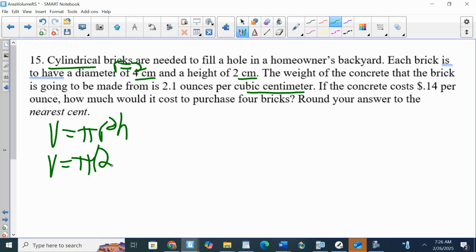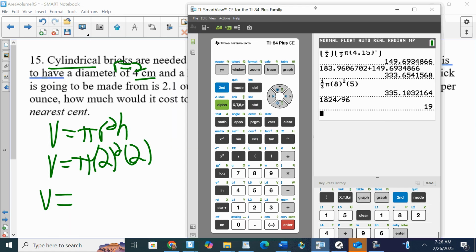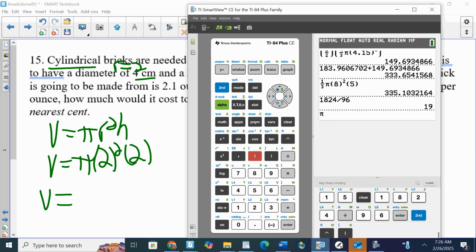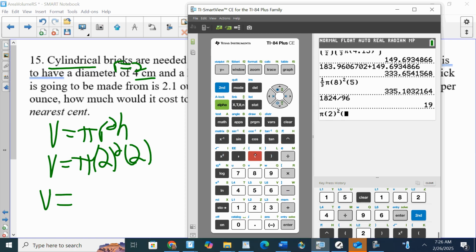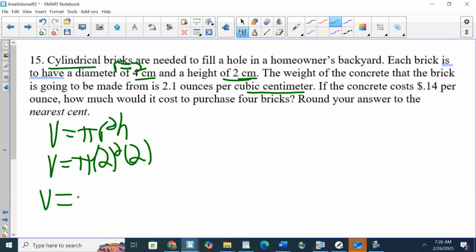So it's pi 2 squared, and the height is also 2. Type pi in, unless it specifically says in terms of pi, which it really won't for the modeling stuff. Type pi in, pi 2 squared 2, 25 point something cubic centimeters.